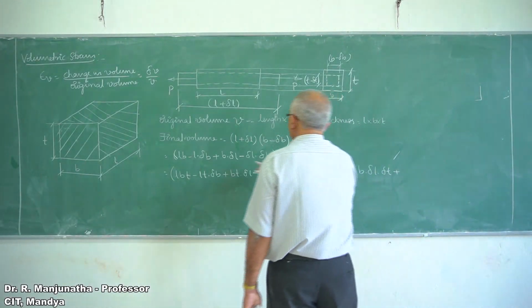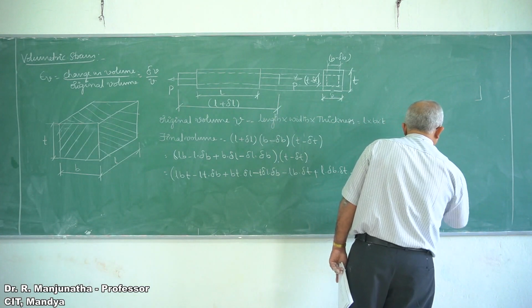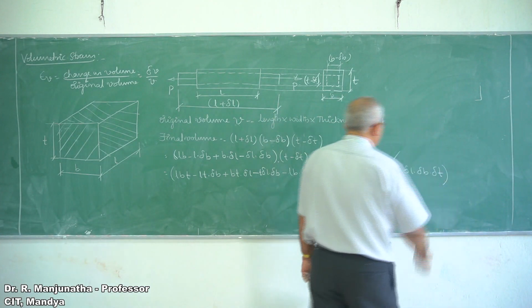So that will be equal to delta L into delta B into delta T. So these are the terms which you are going to get.